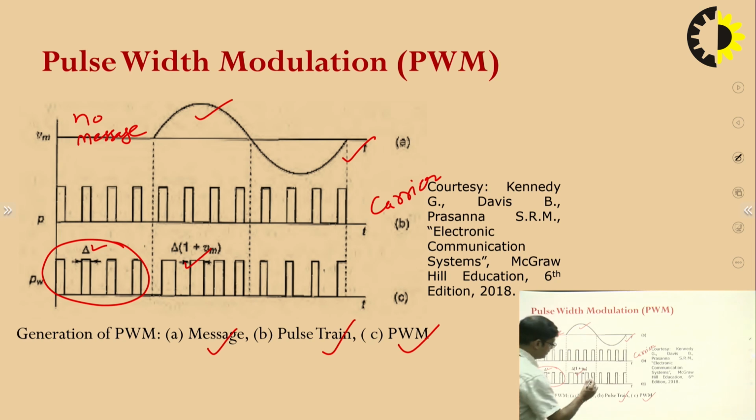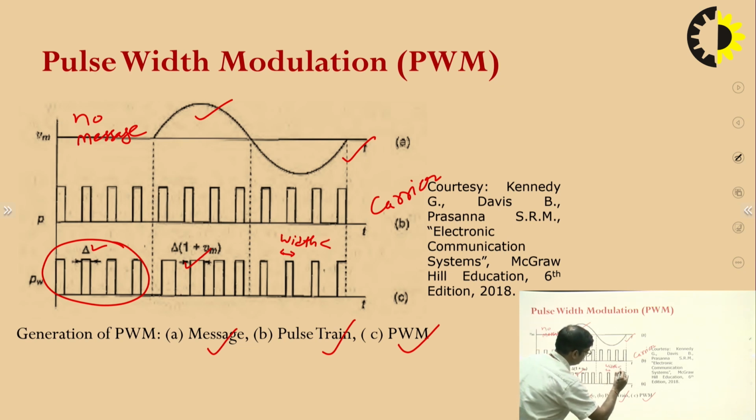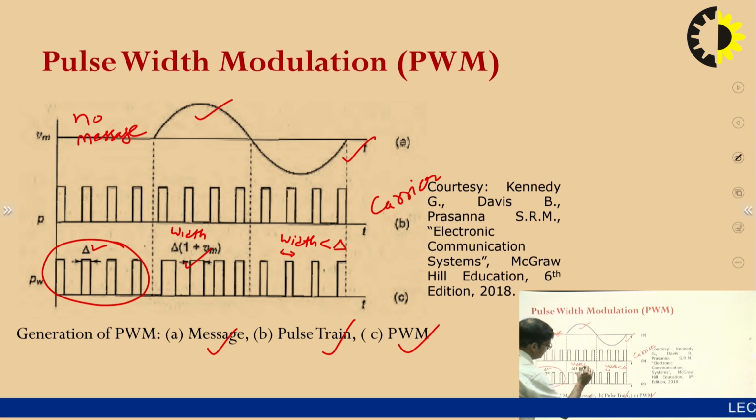So, here we can see the width is very small compared to delta. So, here the width will be less than delta, here the width will be greater than delta, and here the width will be equal to delta.